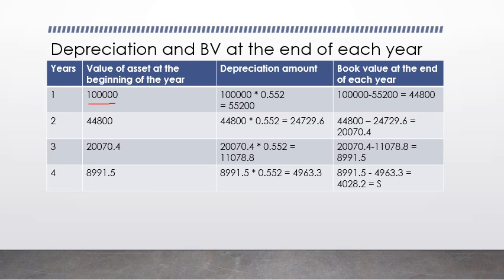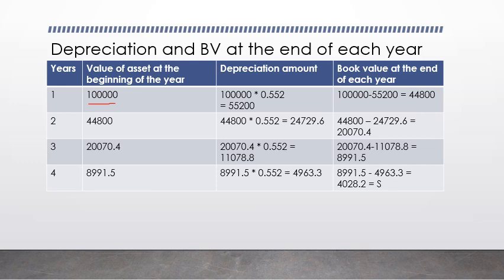The book value at the end of the first year is the book value at the beginning minus the depreciation amount during that year. So 1 lakh rupees minus 55,200 is the book value at the end of the first year.